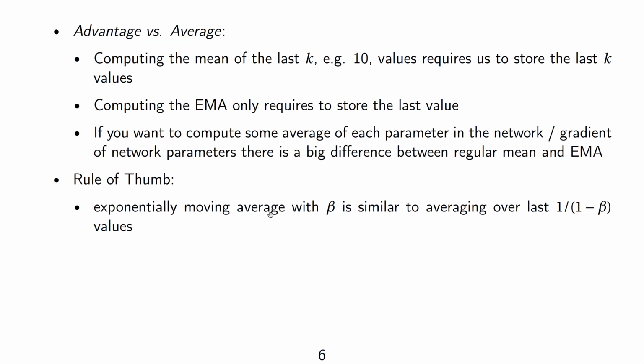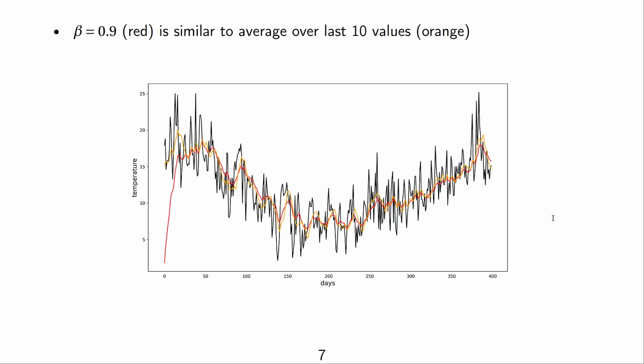So we discussed that, as a rule of thumb, the exponentially moving average with beta is similar to averaging over the last 1 divided by 1 minus beta values. Let's just check with beta equals 0.9. 1 minus 0.9 is 0.1, so it would be similar to averaging over the last 10 values.